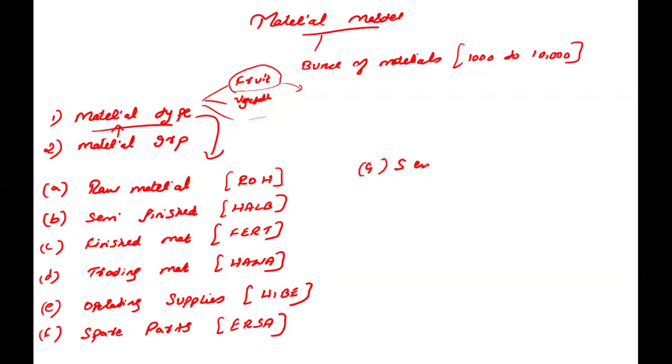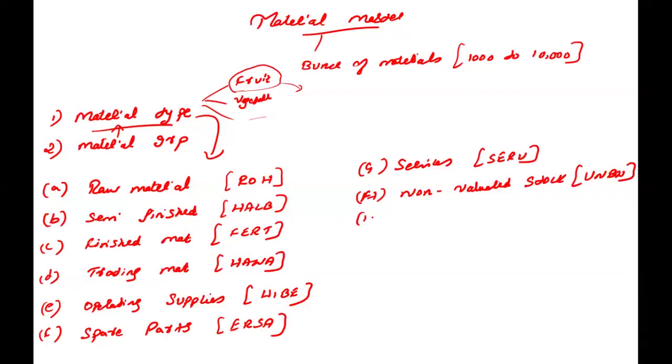Then you have the services, that is called SERV. Then you have non-validated stock. For this, I think it is UNBW. And NLAG.